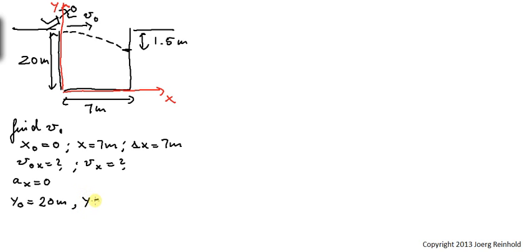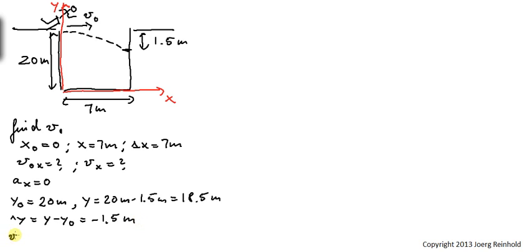The final position in the vertical direction is 20 meters minus 1.5 meters, and that equals just 18.5 meters. Or in other words, we can also say that delta y equals y minus y0, and that is just minus 1.5 meters. So 1.5 meters lower.